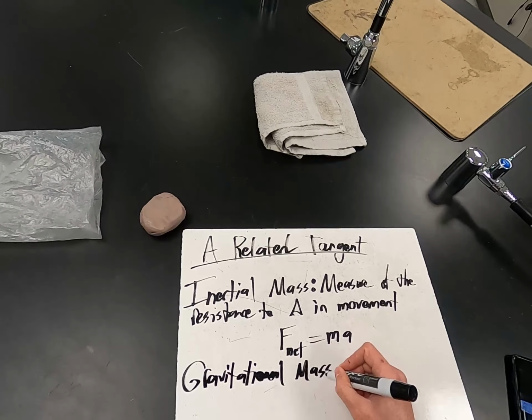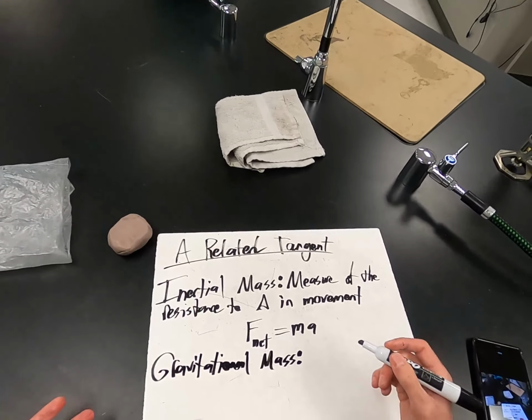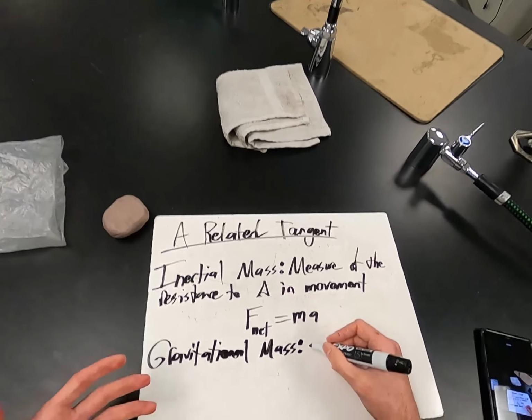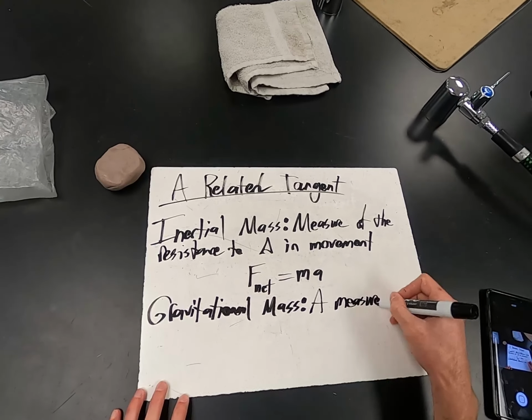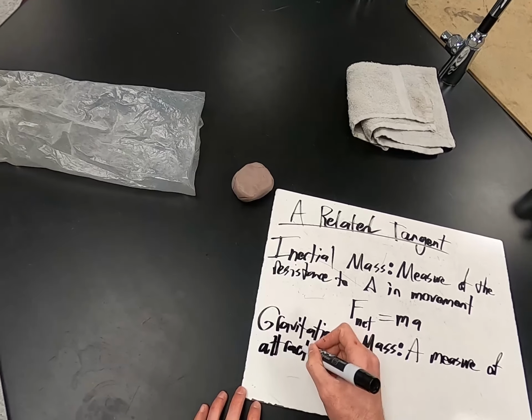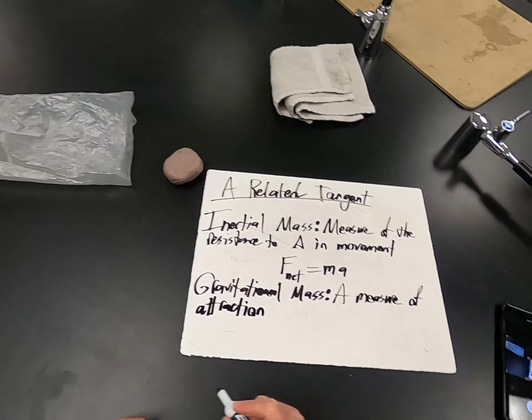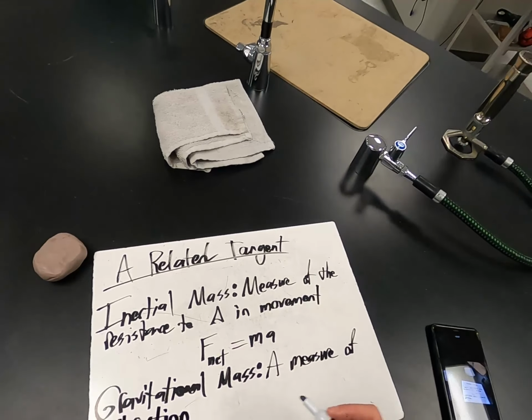Now, there's another kind of mass, and it's gravitational mass. Gravitational mass is a measure of the attraction between objects. Now, I'm not talking about attraction like that boy or girl you saw walking by in the mall. No, we don't have a mall here.